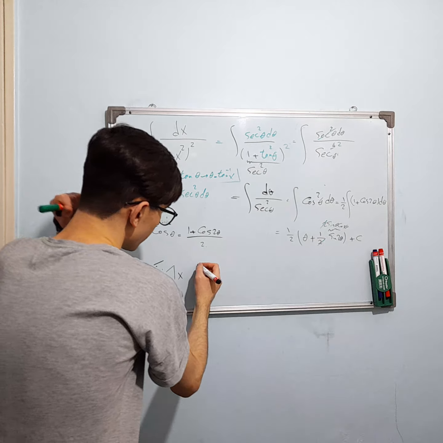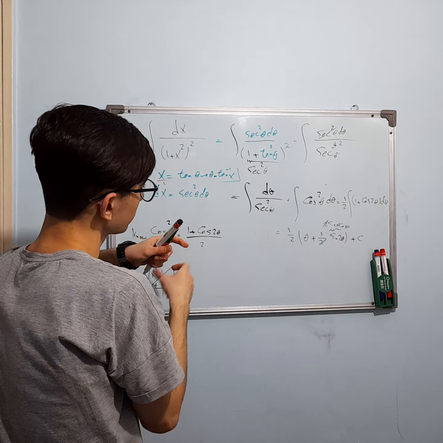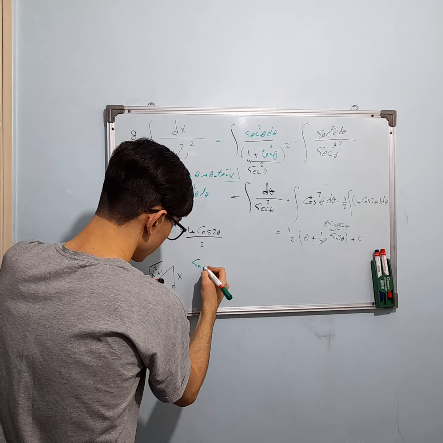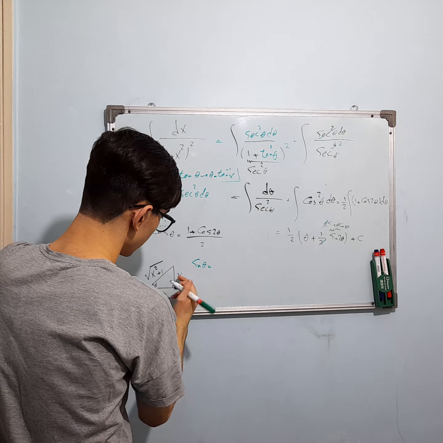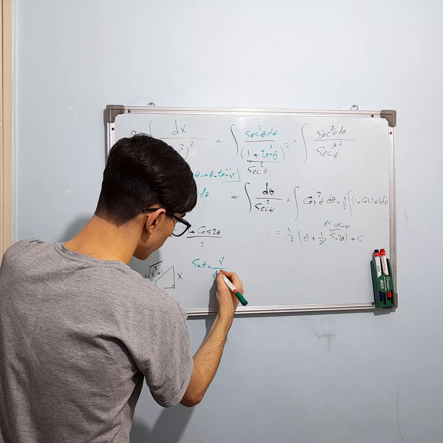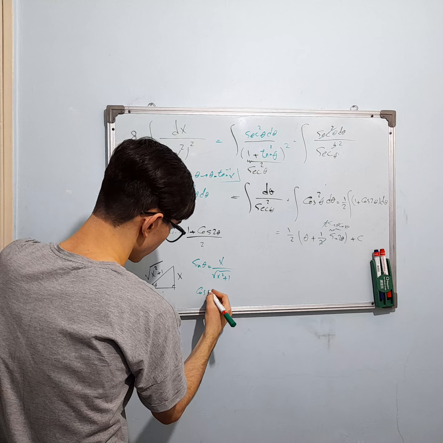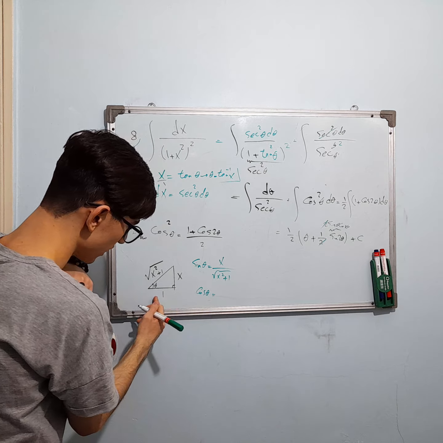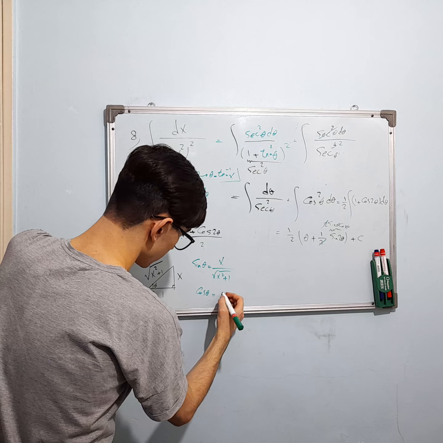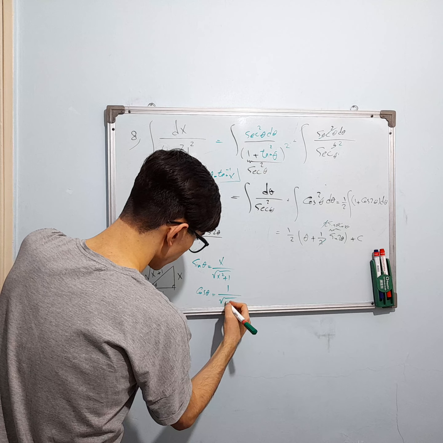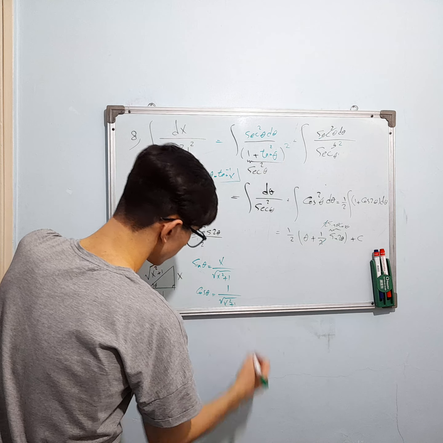So sine theta is x over square root of x squared plus 1, and cosine theta, the adjacent over the hypotenuse, is 1 over square root of x squared plus 1.